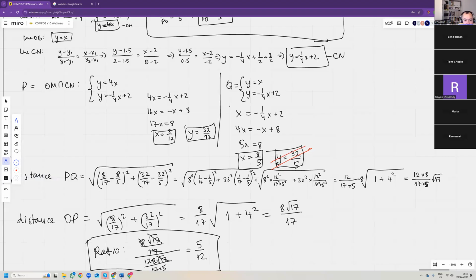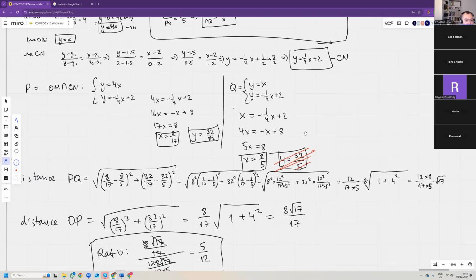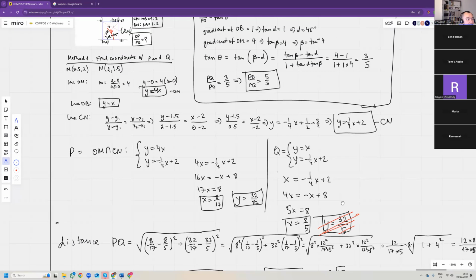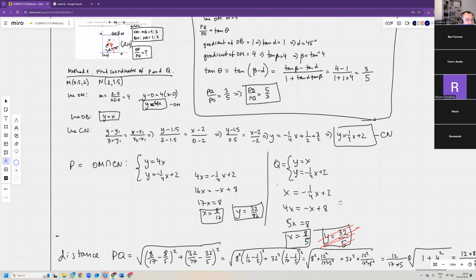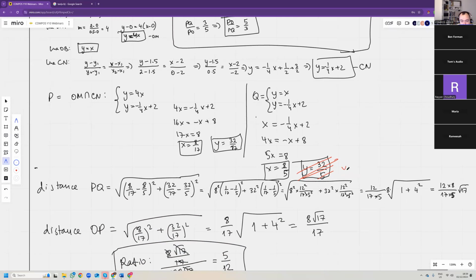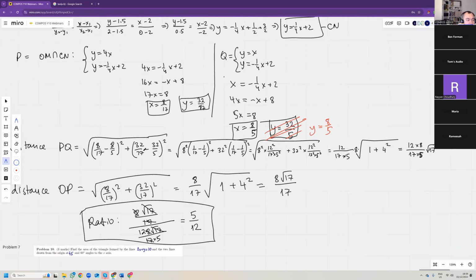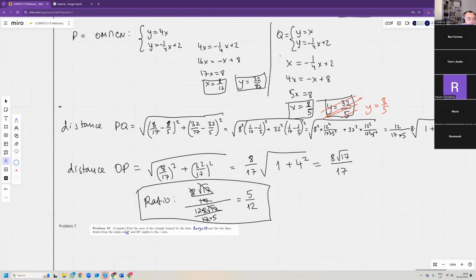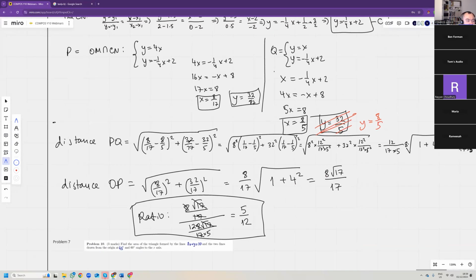So this is not 32 over 5. X is 8 over 5, and Y is 8 over 5. Apologies. So that would be PQ. That's 32 over 17 minus 8 over 5.